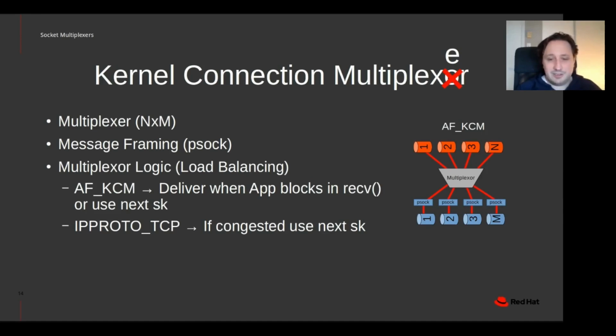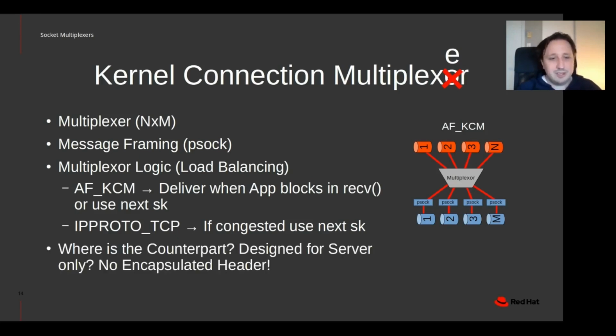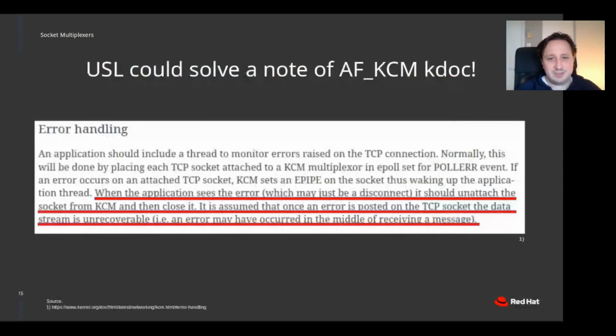On the other side, when the TCP socket is congested, then it uses the next TCP socket, and the next one, and so on. And the counterpart in AF_KCM doesn't exist because AF_KCM is not like RDS, which does encapsulating. It's more designed for servers, and yeah, it's a different kind of multiplexer.